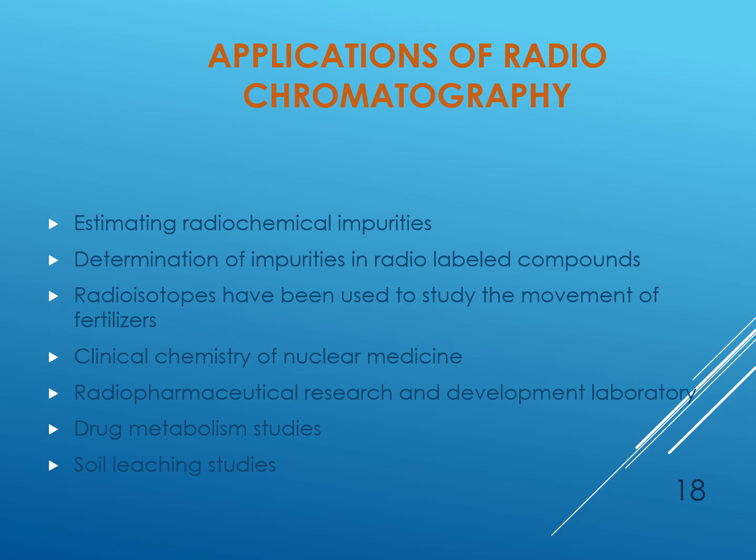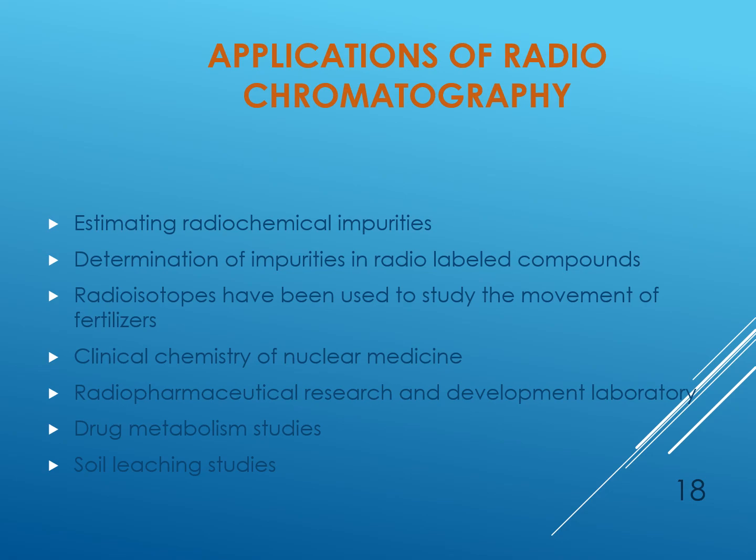Now we will discuss the applications of radiochromatography. How is radiochromatography being used in different studies or in different parameters to help our daily life activities? First of all, radiochromatographic techniques are used for estimating radiochemical impurities.